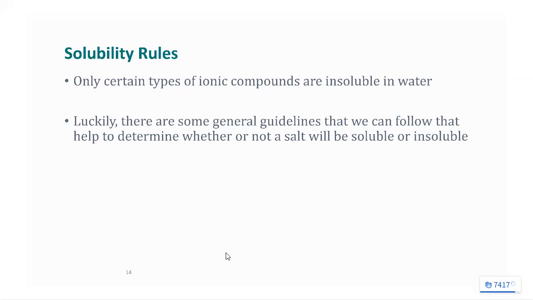Solubility rules are guidelines that we attach to ionic compounds to help us put them into a category that is either dissolves in water or does not dissolve in water. And for the ones that dissolve in water, we know that they are going to be strong electrolytes. For the ones that don't dissolve in water, we know that there aren't going to be electrolytes at all because they don't even dissolve into the solution in the first place.